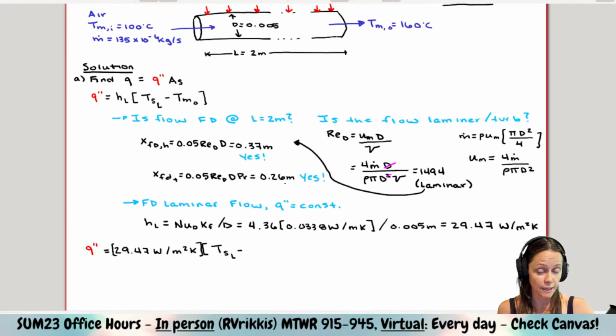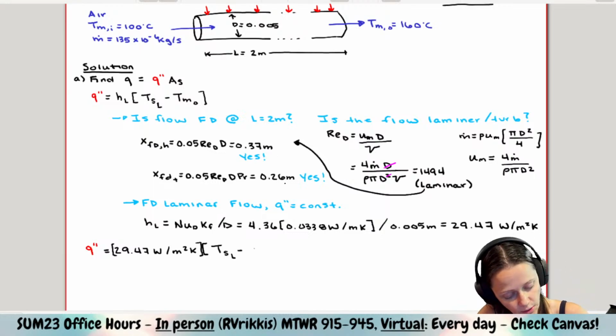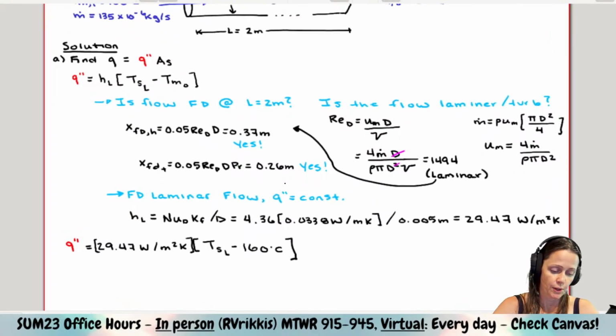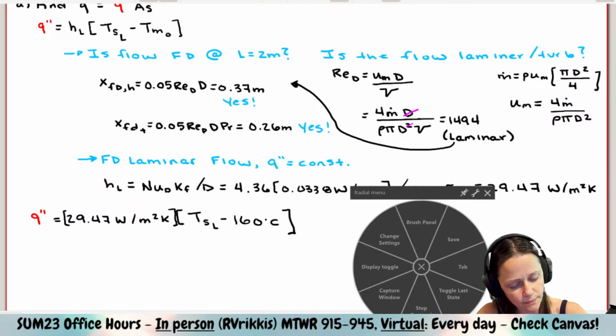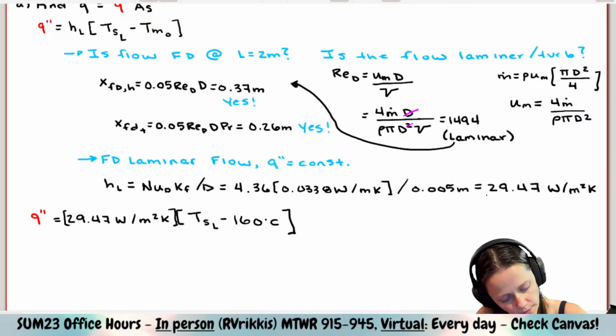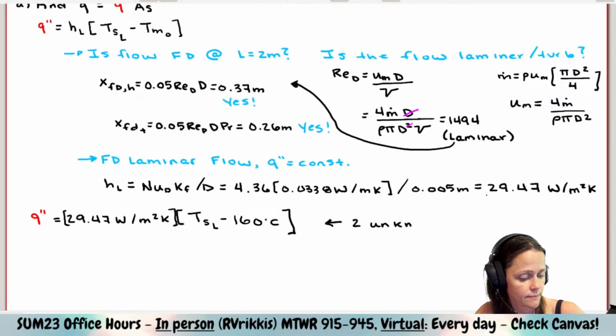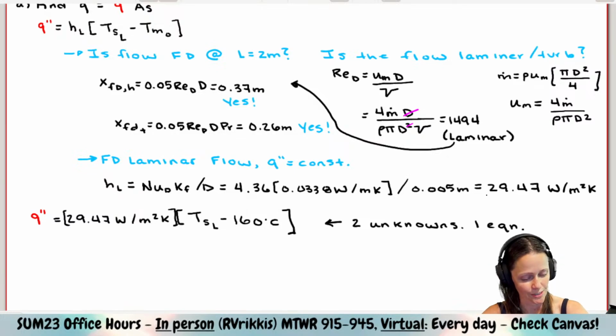I do know the mean temperature of that fluid coming out, which is 160 degrees. Okay. So I still have two unknowns and one equation. So I need another equation.